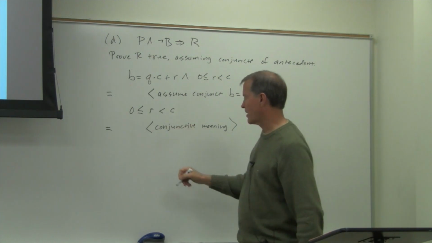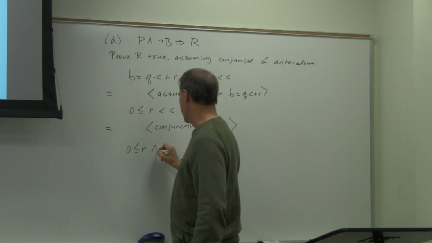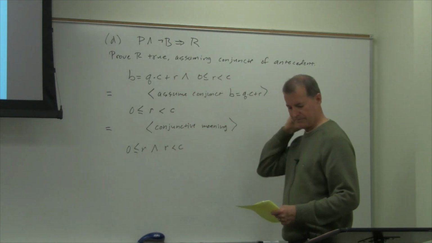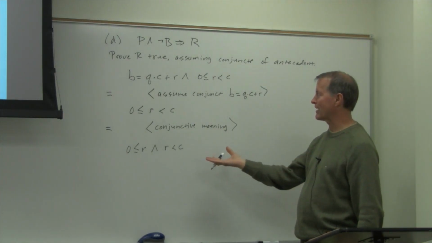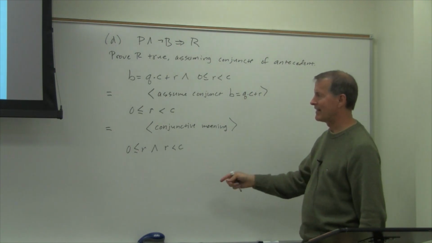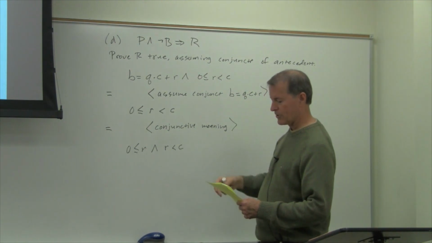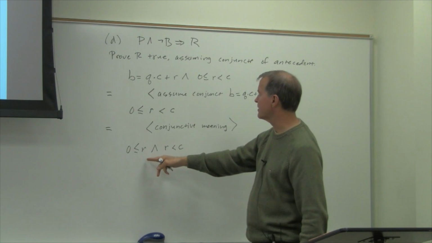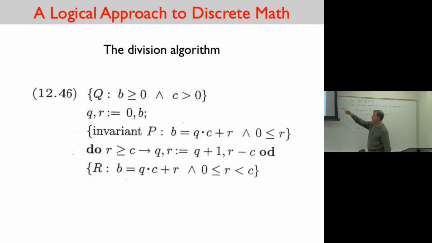Conjunctive meaning of these inequalities is 0 is less than or equal to R, and R is less than C. Now that we've written it like this, we can assume P again. Which conjunct, I mean, there's a conjunct right away, isn't there? Isn't 0 less than or equal to R true? Yeah, because that's one of the conjuncts right directly in P.